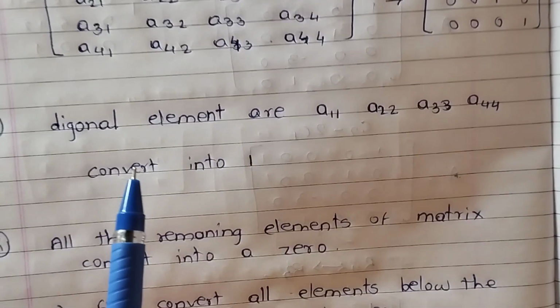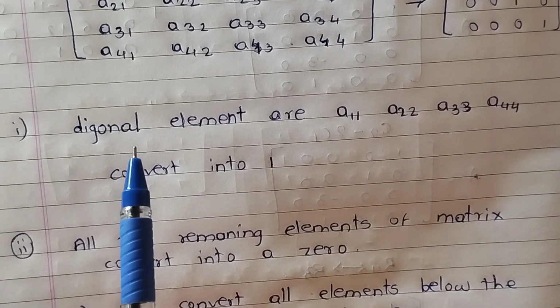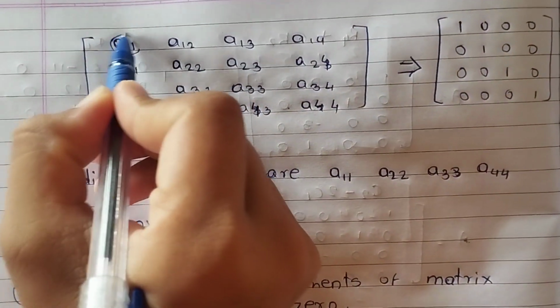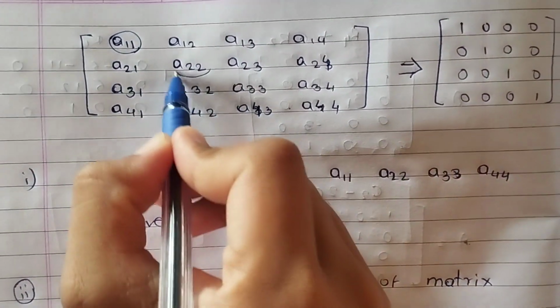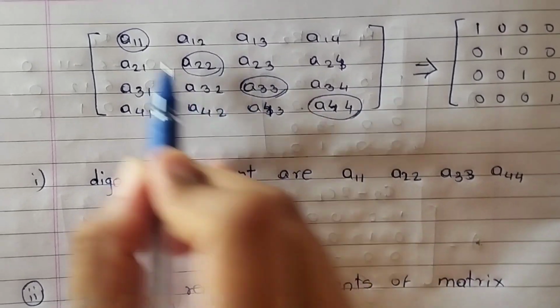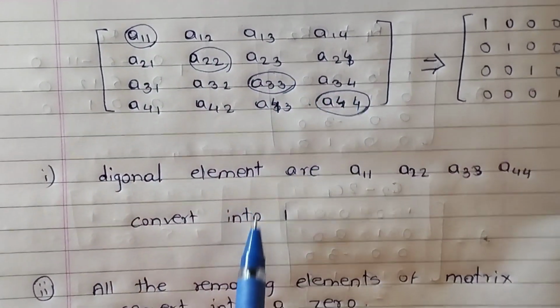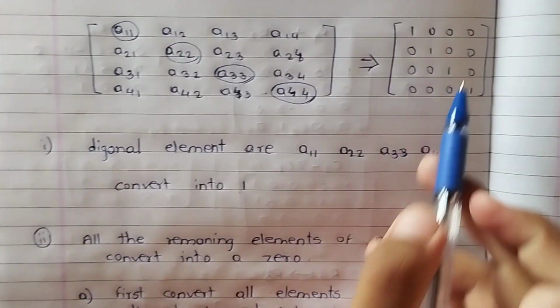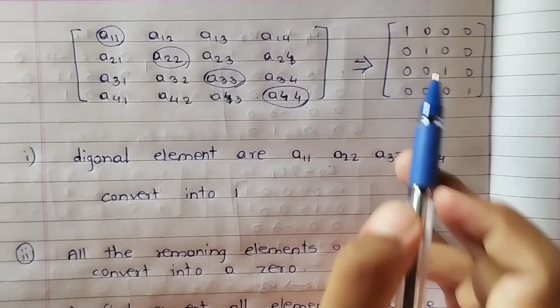In short, we repeat again. Convert all the diagonal elements, A11, A22, A33, A44, into 1 and all the remaining elements of the matrix into 0.